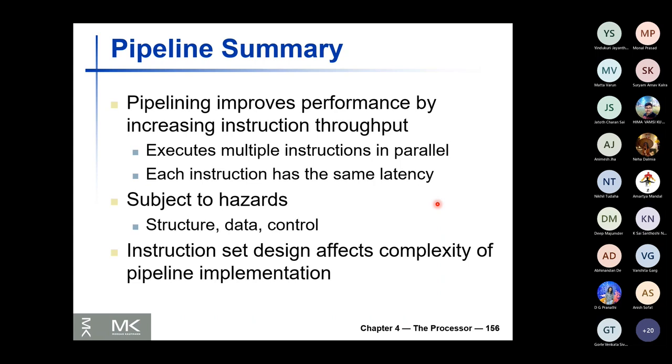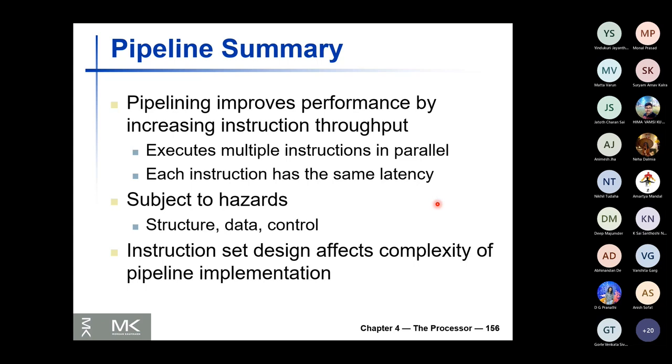And of course, as you can see, the entire pipeline design is based on our instruction set architecture, or ISA. And we have restricted our discussion to the MIPS architecture, which is based on the 5-stage pipeline.